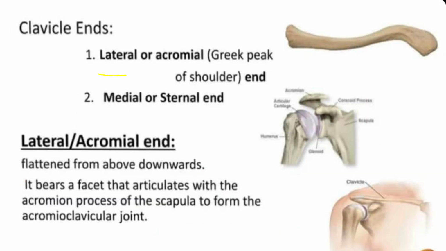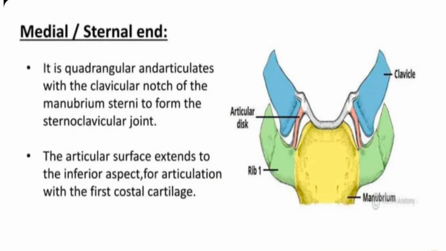Clavicle ends: lateral or acromial, medial or sternal. The lateral end is flattened above and downwards. It bears a facet that articulates with the acromial process of the scapula to form the acromioclavicular joint. Medial end or sternal end.